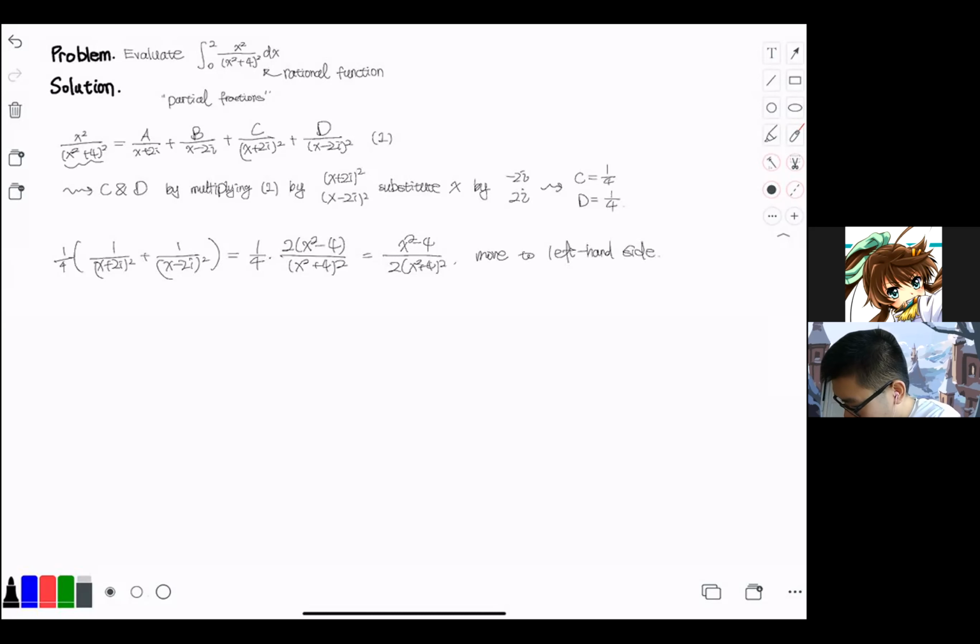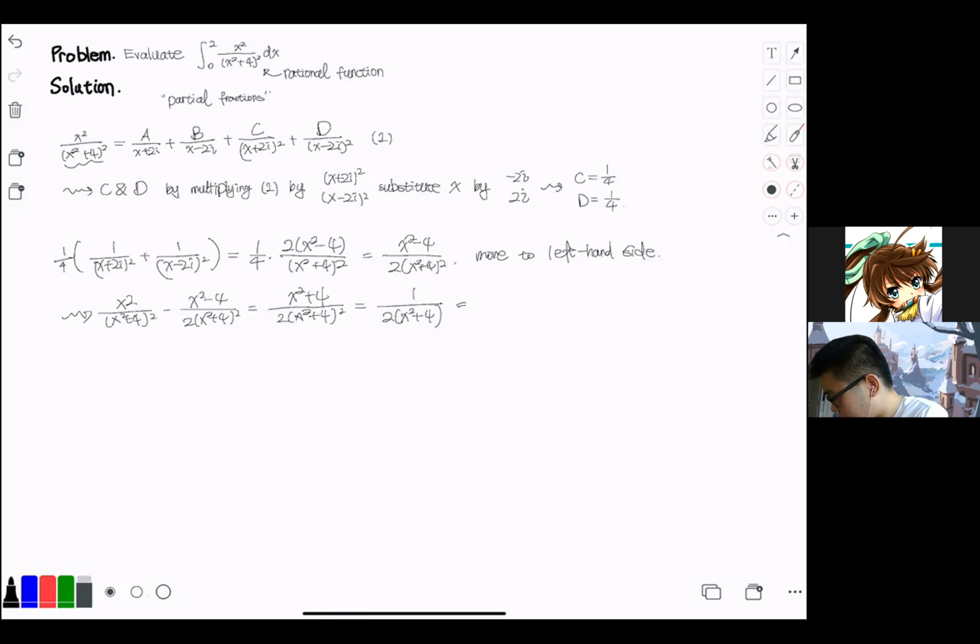Then this will tell us that the sum of the rest of the remaining terms is just the very simple one, which is 1 over 2 times (x squared plus 4).